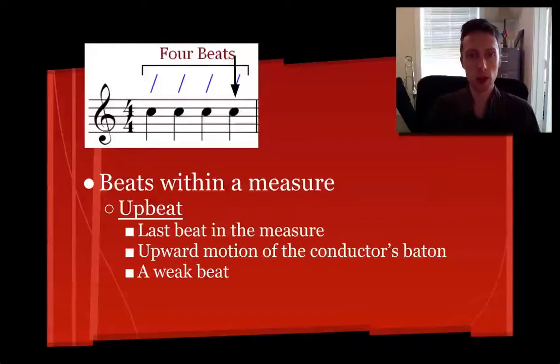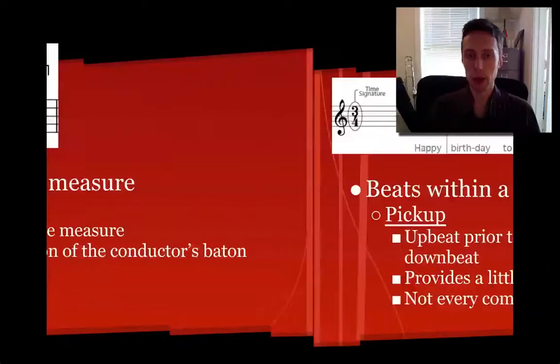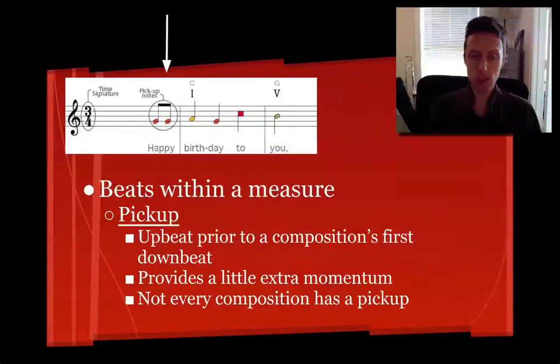And then the last one we're going to talk about is similar to an upbeat, but a little bit different. It's called a pickup. A pickup is an upbeat that is prior to a composition's first downbeat. So it happens before the first notes in a song, but they're not a downbeat, for example in this example over here.